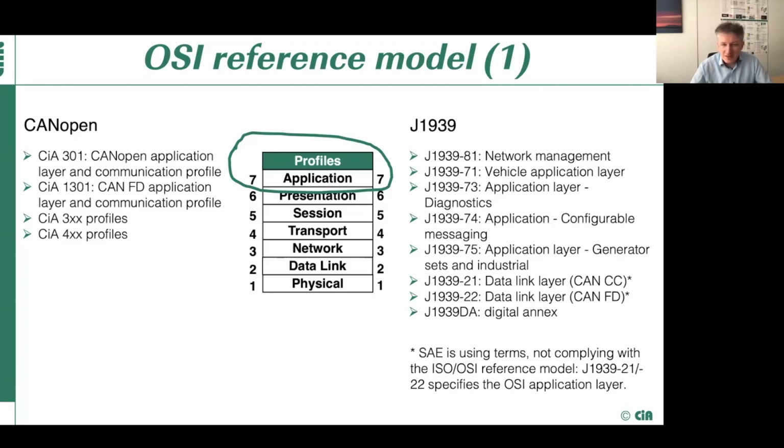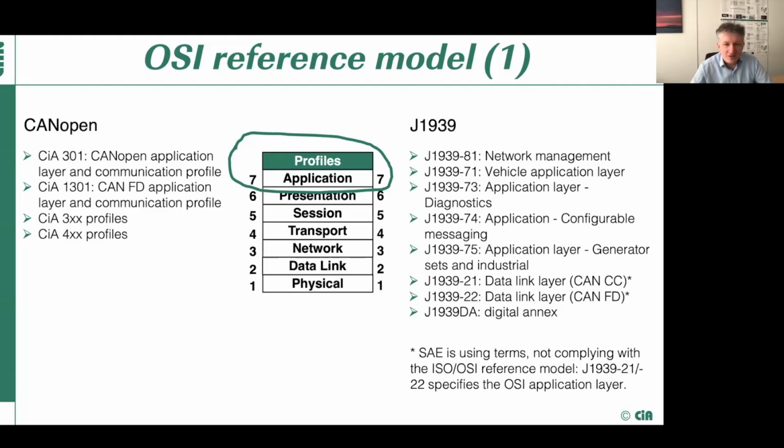For the moment, it doesn't affect the application, because an application in itself, such as CANopen, can be used not only on CAN, whereas J1939 uses CAN as its data link layer. But that's a topic for possibly another webinar of ours.